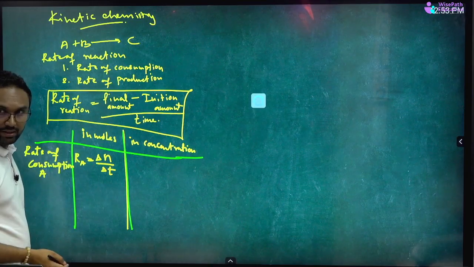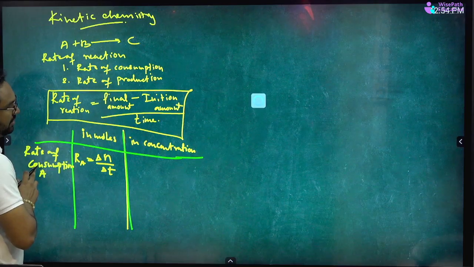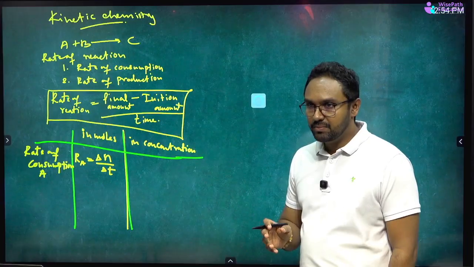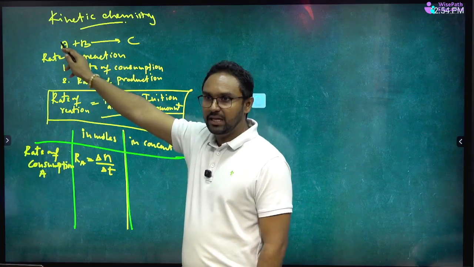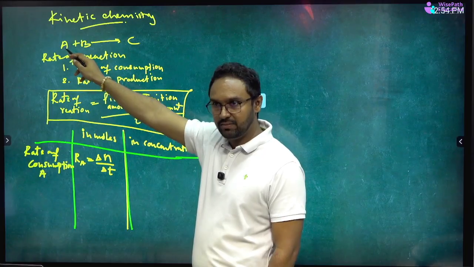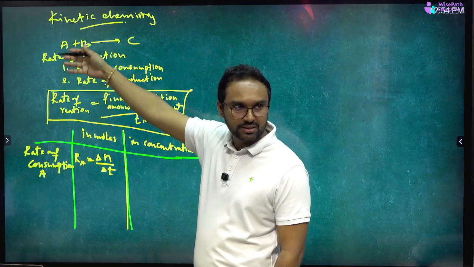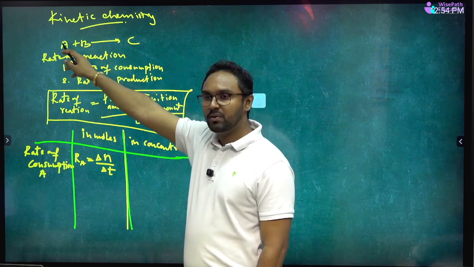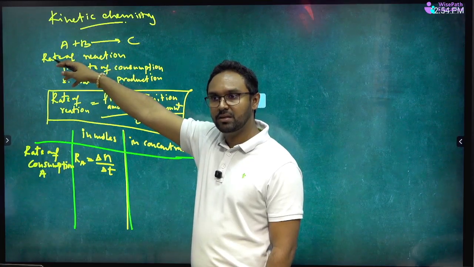time, right? And because it's a rate of consumption, the final amount of A is less. Initial amount of A is more because it's consuming. The A is reducing, right? So the final amount of A is less and the initial amount of A is more.